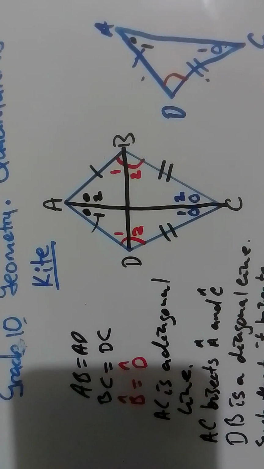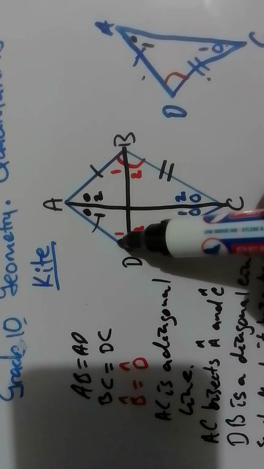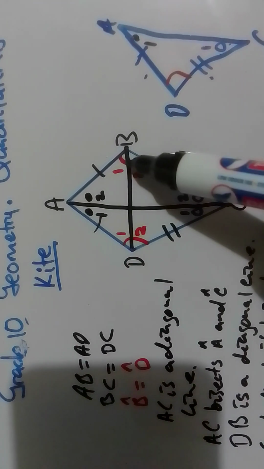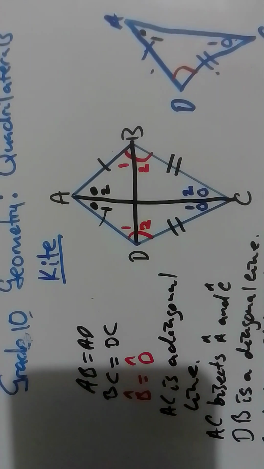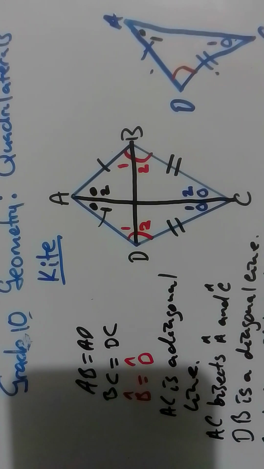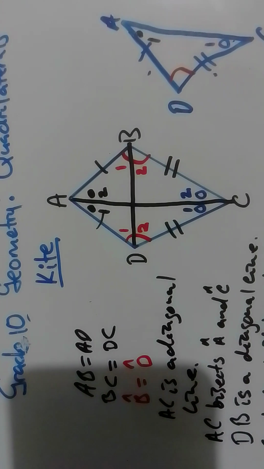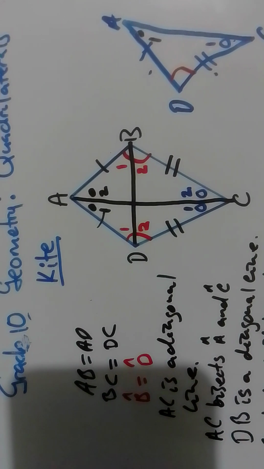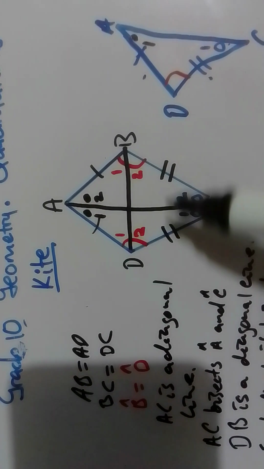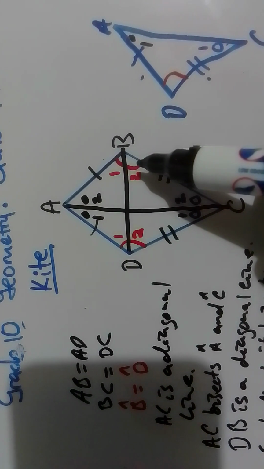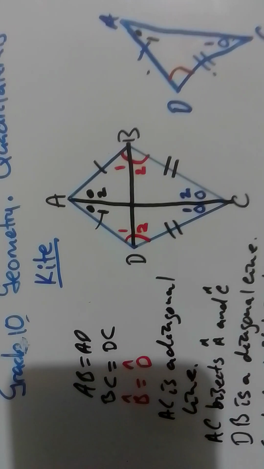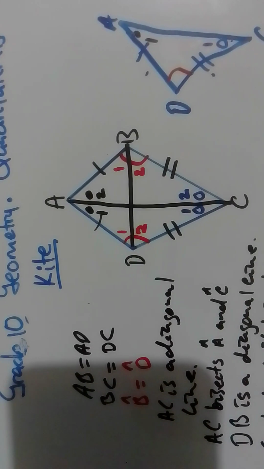So we are now saying that angle D1 here, which is found on the upper side, is equal to angle B1. Angle D1 is equal to angle B1. And angle D2 here is equal to angle B2. Angle D2 is equal to angle B2.